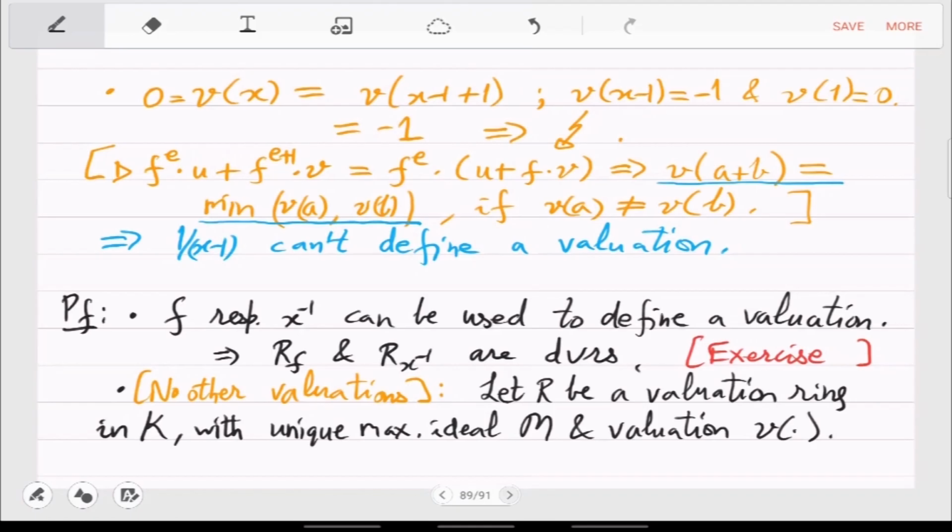Right? Yes, yes. No, basically you want to look at, whatever valuation of polynomial f you are taking, either f or 1 by f, whether x equal to 1 is a root. In this case, you first said that v of x is 0.